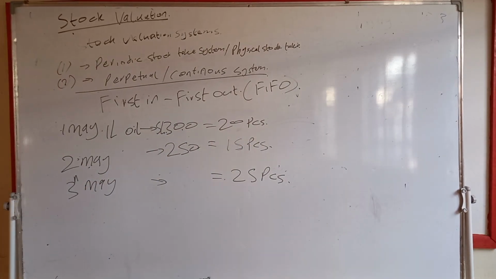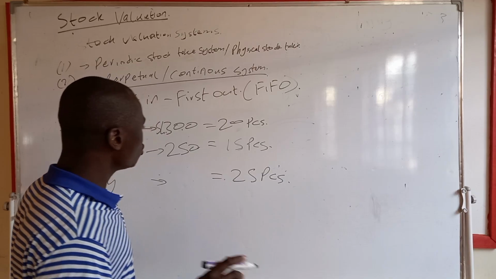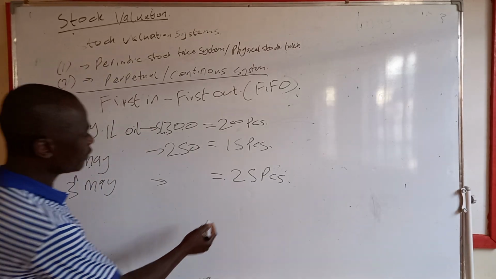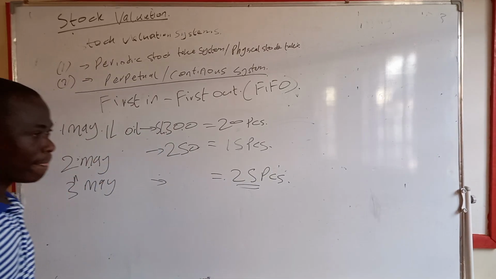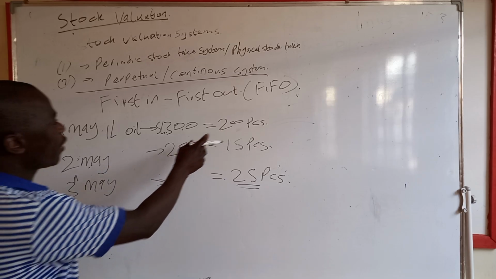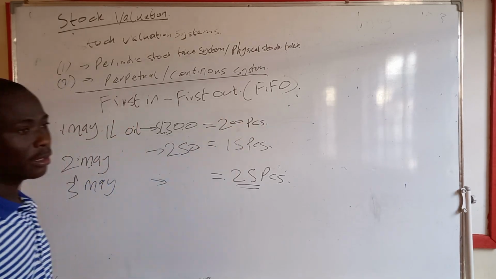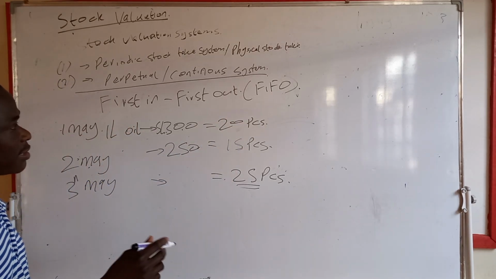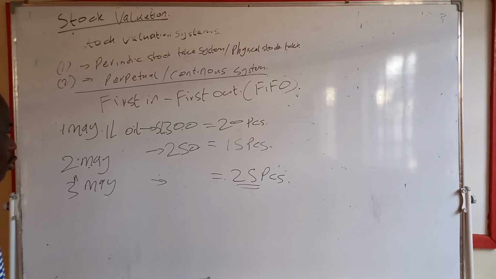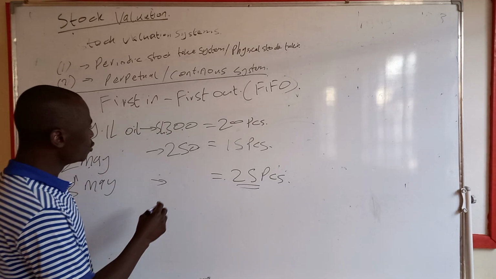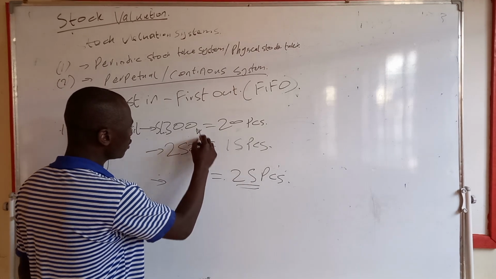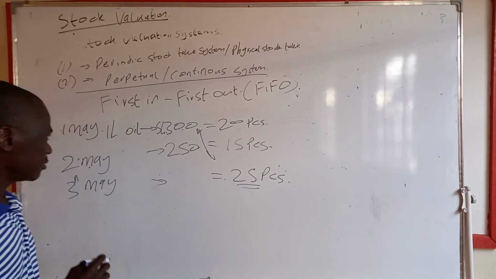To get the value of these 25 pieces, you use FIFO, meaning first in, first out. So you will start with the batch that came in first.